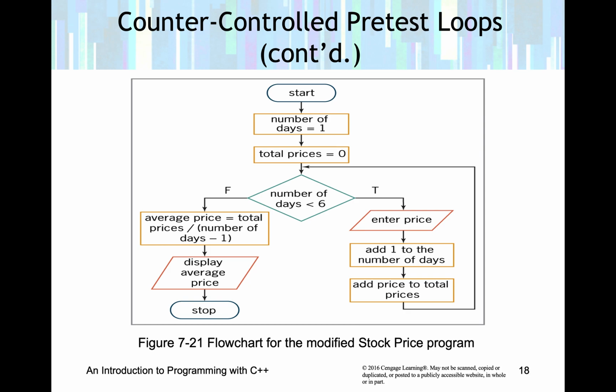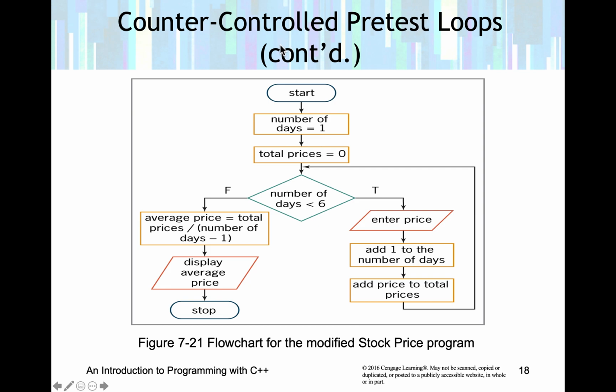The counter is right here. The counter is increasing the number of days by 1. They also have an accumulator, a price accumulator. Add price to total price. So it keeps accumulating this price that they entered. So my counter is initialized, my accumulator is initialized.